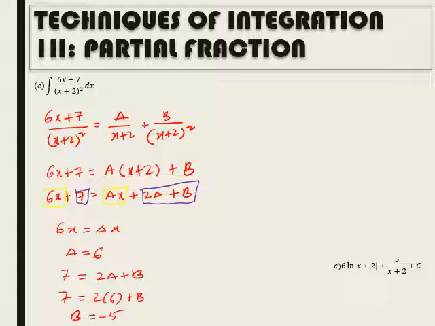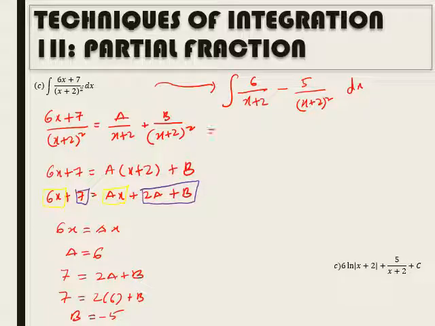So when we put in the partial fraction, the integral here is actually equals to integral of 6 over x plus 2 minus 5 over x plus 2 squared dx.